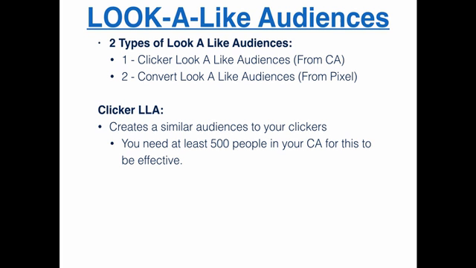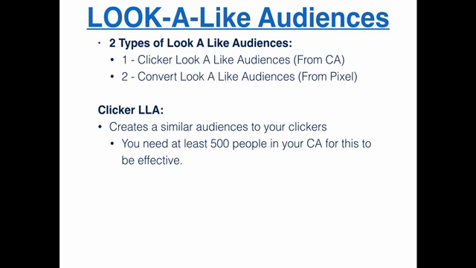So if you build a lookalike audience from a list that's 500 clickers, and somebody else builds a lookalike audience from 5,000 clickers, clearly Facebook's going to be able to identify better and more accurate similarities from the bigger audience.